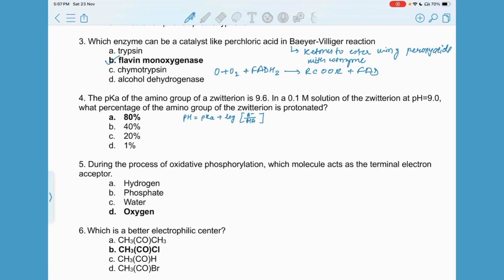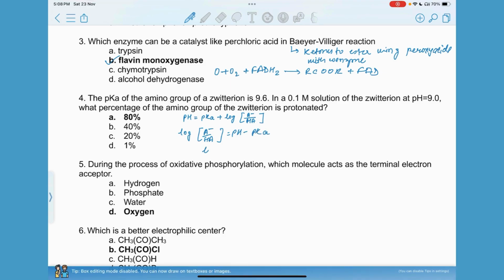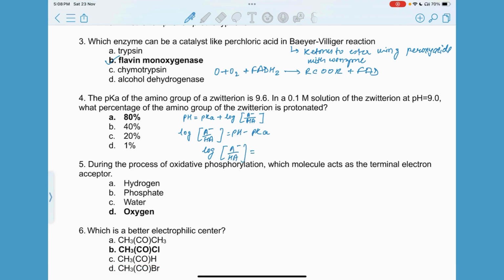From here, when we solve, log of A minus upon HA will become pH minus pKa. The pH given is 9 and the pKa given is 9.6, which comes to minus 0.6.